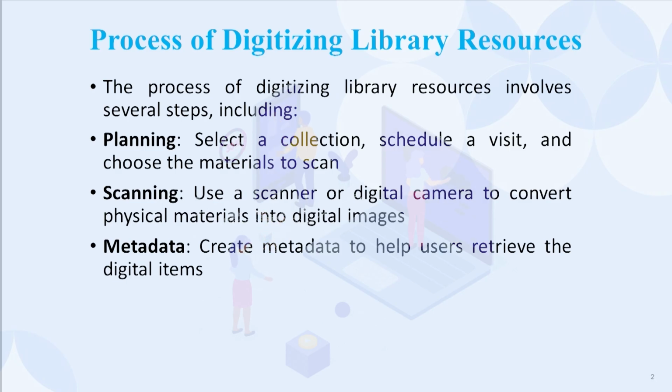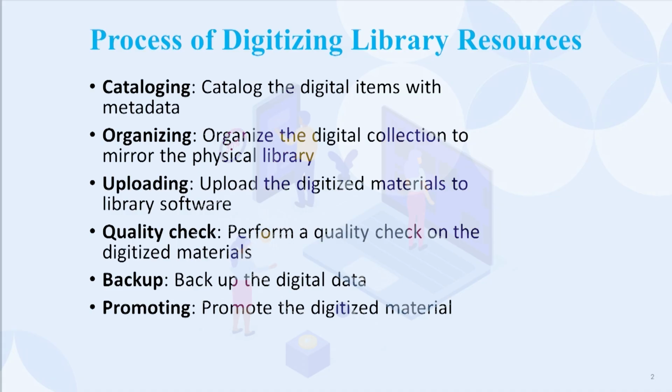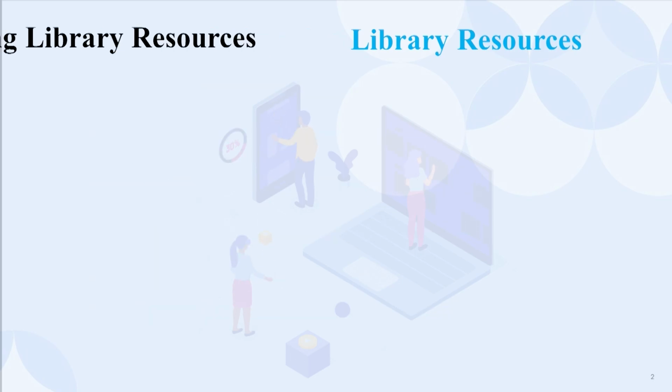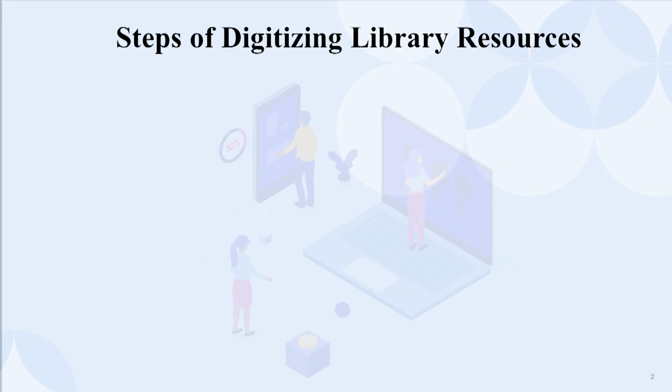Then cataloging of digital items with the metadata. Organizing the digital collection to mirror the physical library. Then uploading the digitized materials to the library software. Quality check, and backup of the digital data.